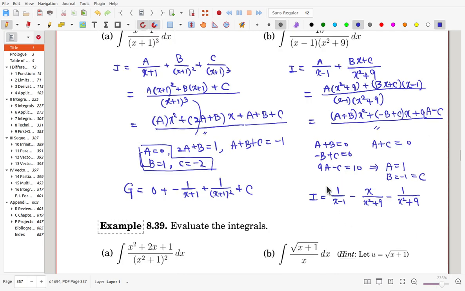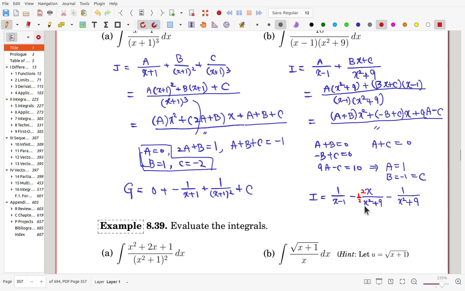For this one, it's the logarithm of x minus 1. For that one, minus half, you can put over there. Now, you can manipulate in this way: that is 2x, then it's the derivative of x squared plus 9.